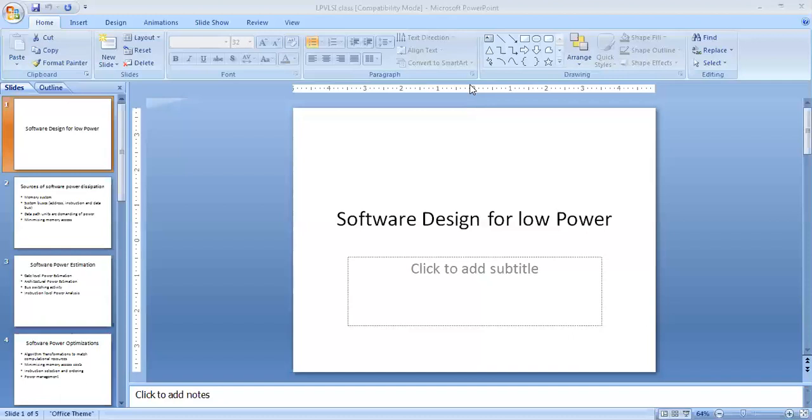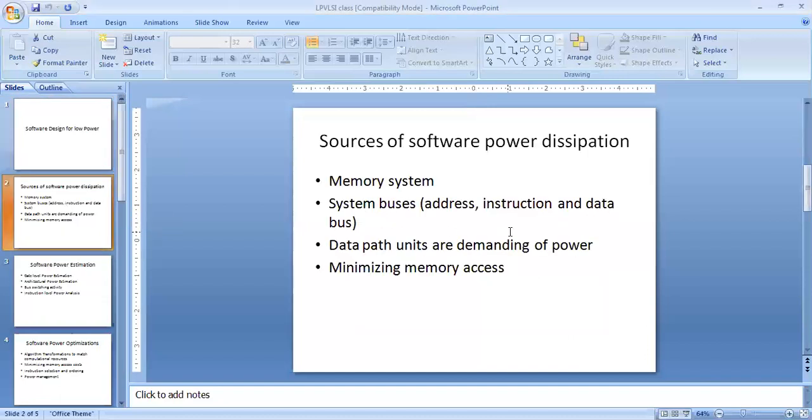Four optimization techniques are available: algorithm optimization, minimizing memory access, optimal selection and sequencing of machine instructions, and power management. So this is the introduction to software design for low power. You have to design the software in such a way that it consumes low power.